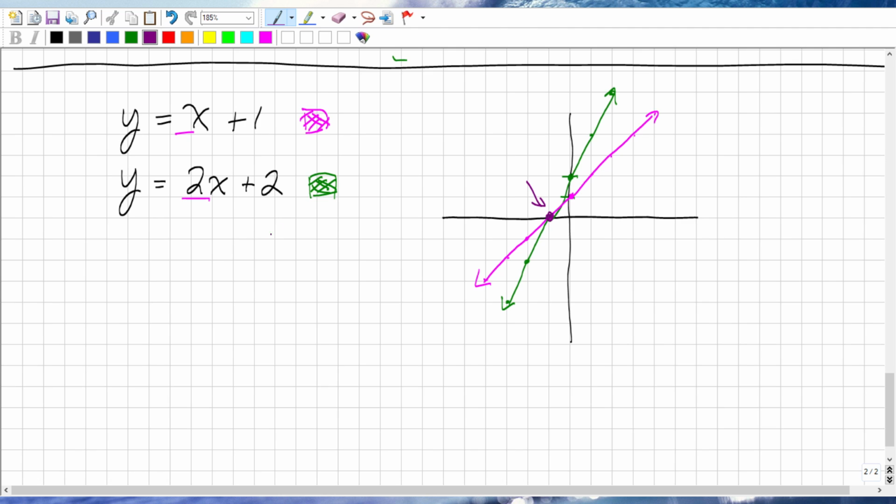That is at the coordinate point of -1, because I went to the left 1, and then on the y-axis, I didn't go up or down, so that would be 0. So the solution to this system of equations would be at -1, 0.